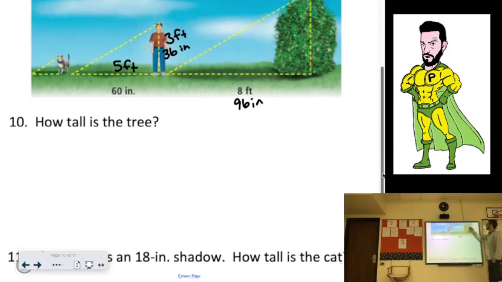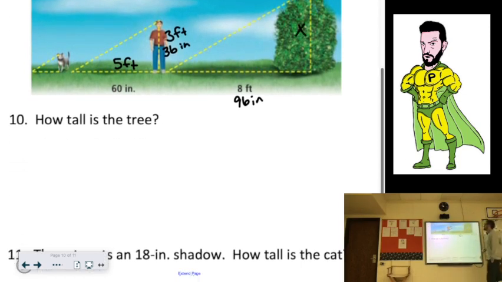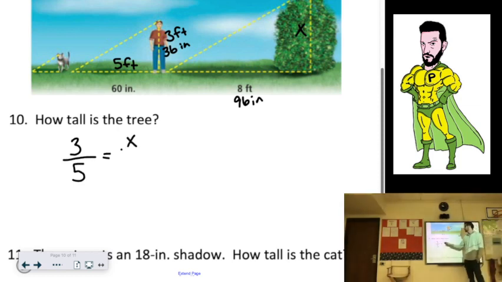Now, if we were to call this X, if we were to use the little kid here, and we were using actual height over shadow, the kid is 3 feet tall, and his shadow is 5 feet long. The height of the tree is X feet tall. We don't know how tall it is, but the length of the shadow is 8 feet long. We chose to use feet on this one. If you want, you can use inches, and it would still be correct.